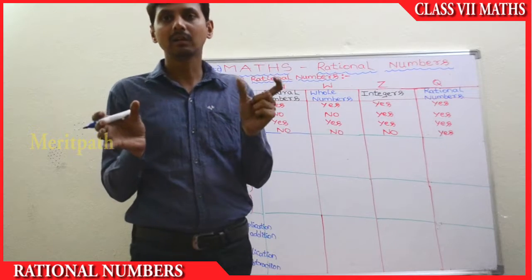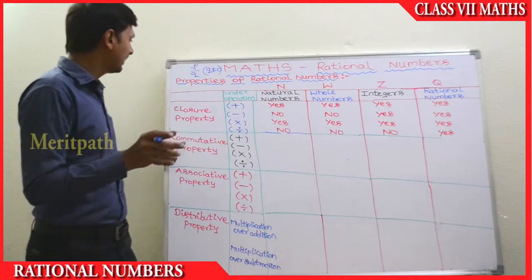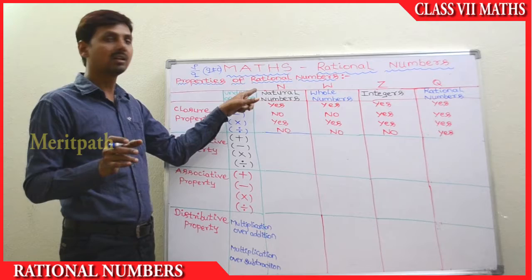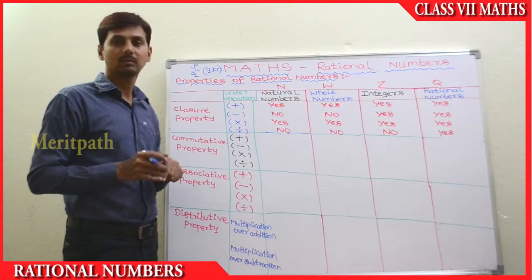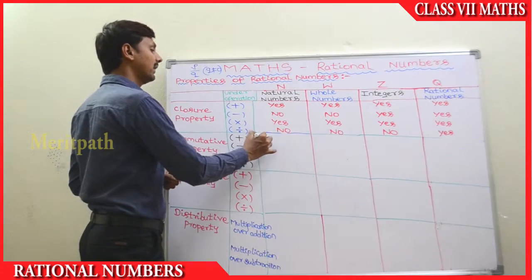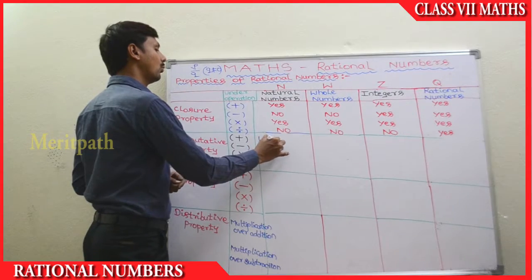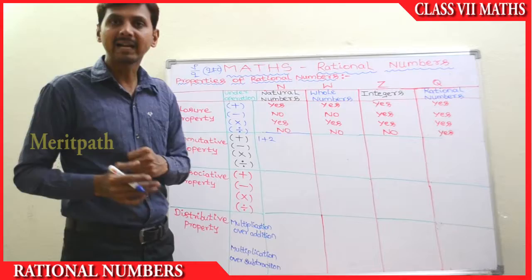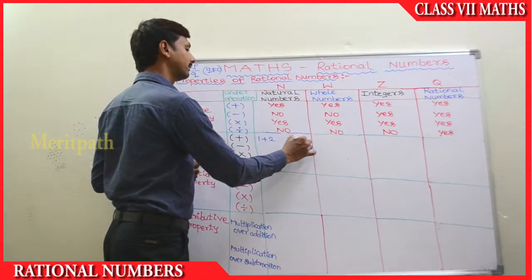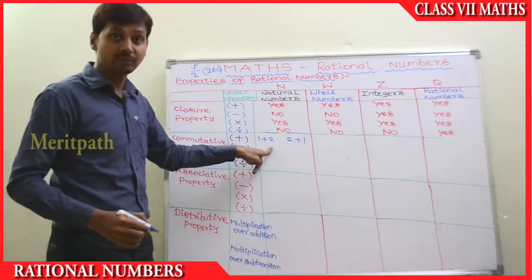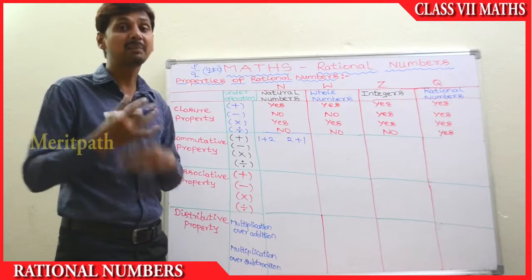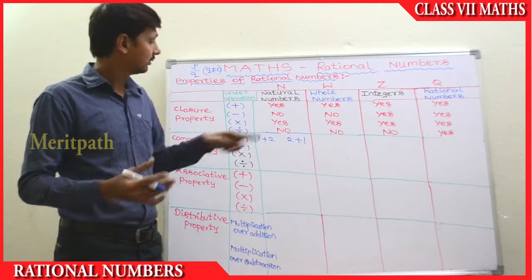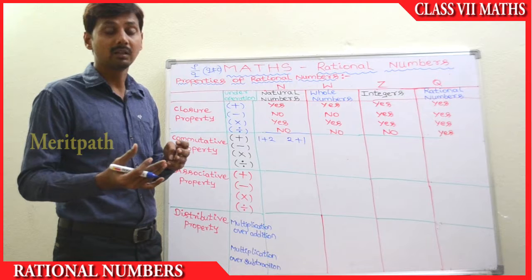If these are equal, then we say the commutative property of natural numbers is applicable on addition. Let us take 1 and 2, 1 plus 2, and when we replace these values of 1 and 2, it becomes 2 plus 1.